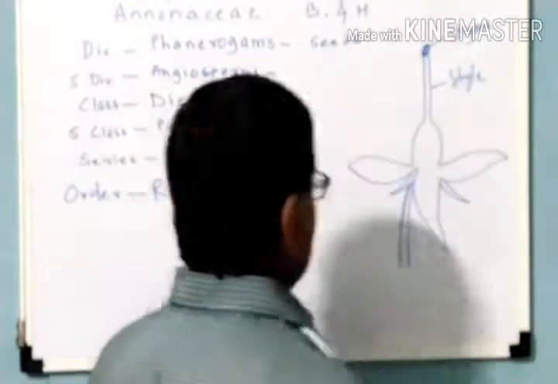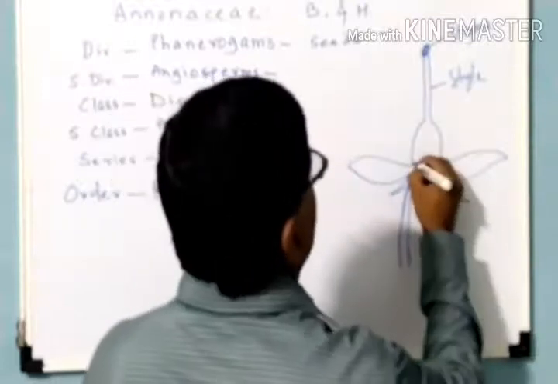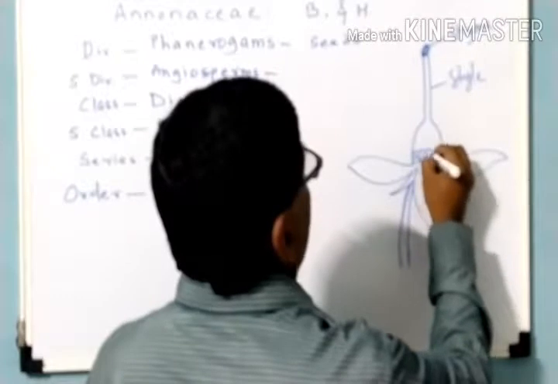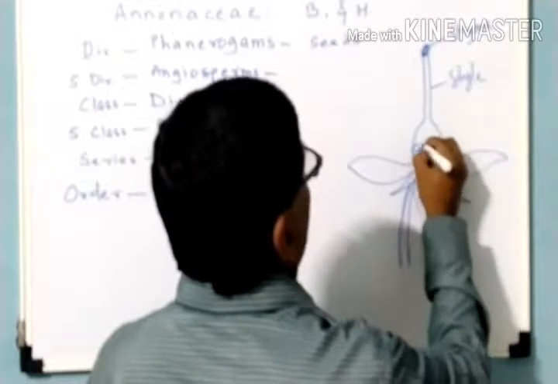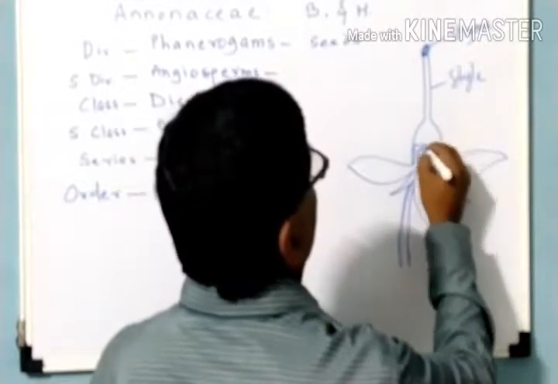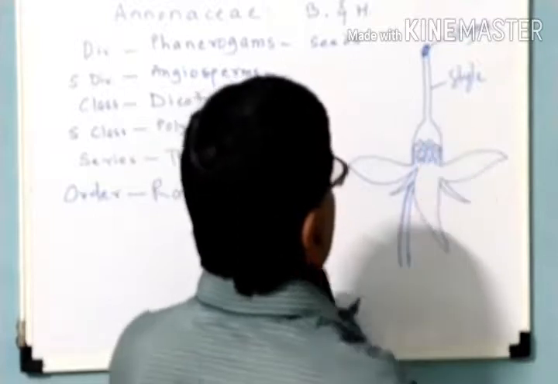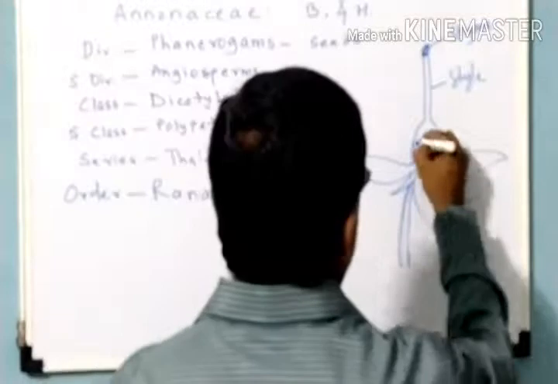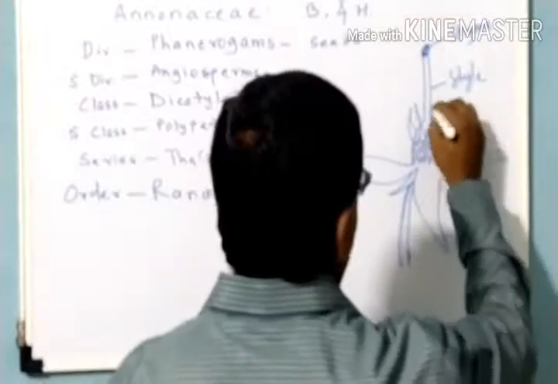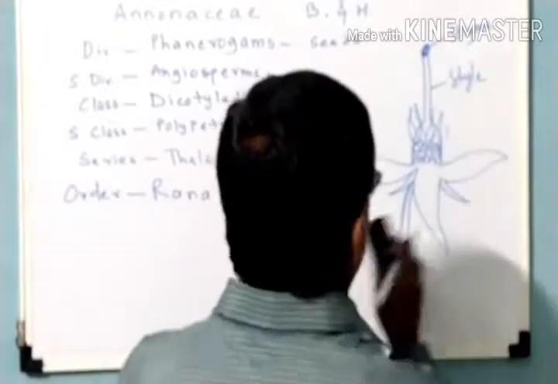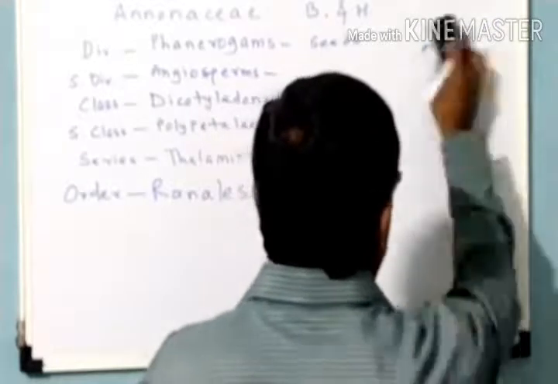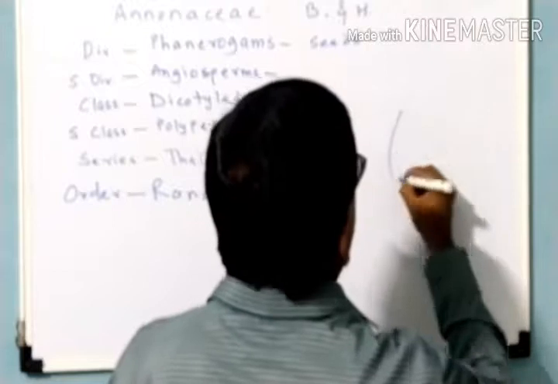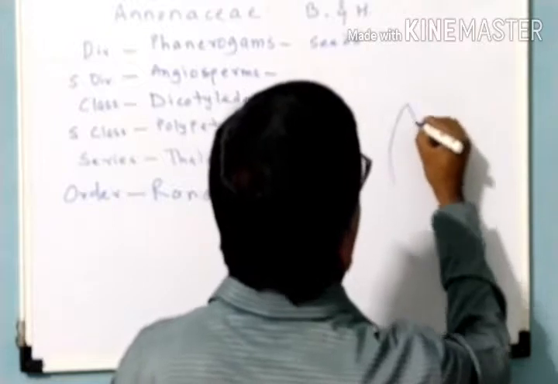Here you can see the arrangement of the stamens is somewhat like this. They are arranged spirally on the lower half of the convex thalamus, and here you will see the carpels. These are the carpels. Actually, you can see this in the diagram. You can see this is the convex thalamus.